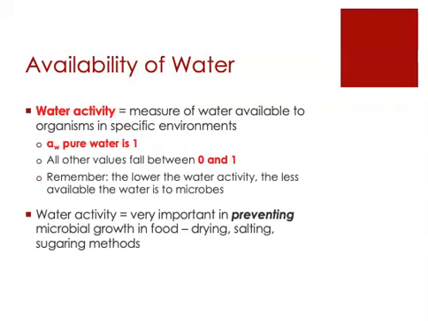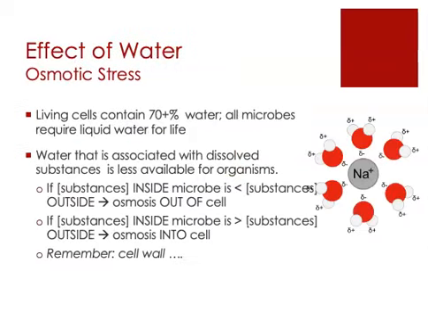Maple syrup is another good example. While sometimes fungi can grow on the surface of maple syrup, you just don't get bacteria growing in that food. And that's because it's just full of sugar. It's full of carbohydrate. Thick and syrupy. If we go back to this slide for a second, what happens with those sugary foods is the individual molecules of carbohydrate, the individual molecules of sugar would be sitting right where the sodium is.